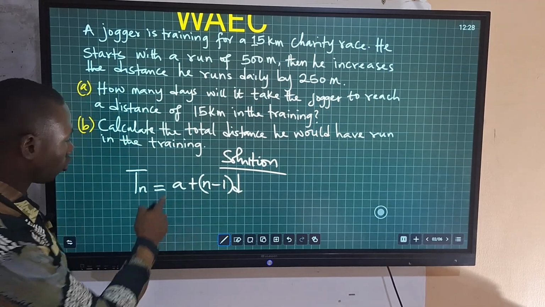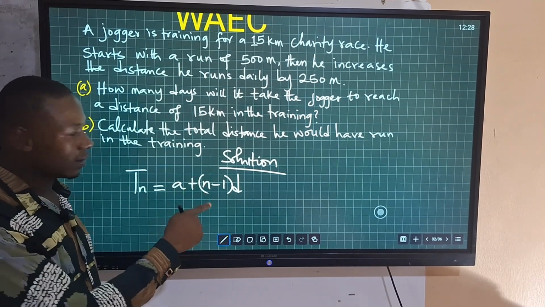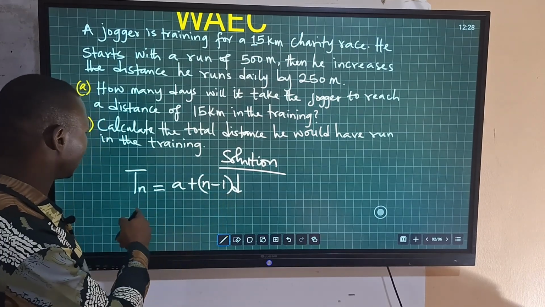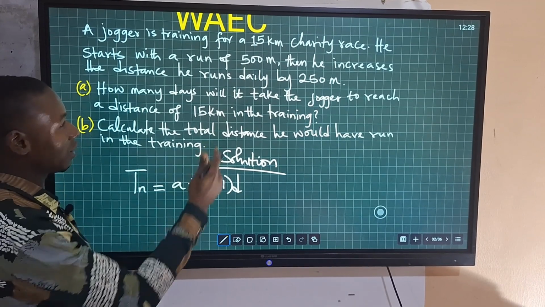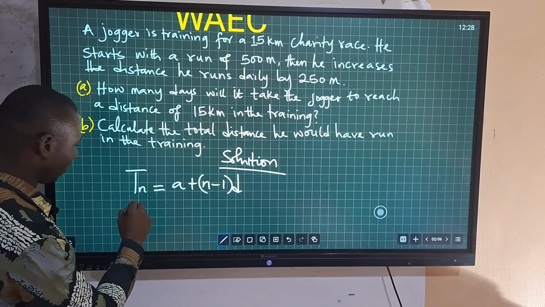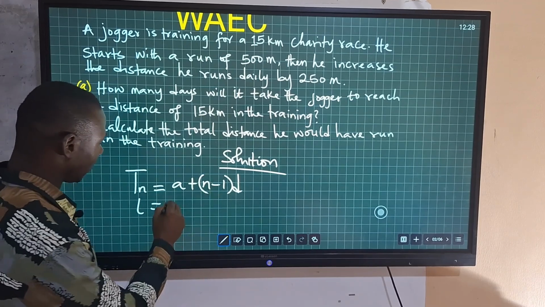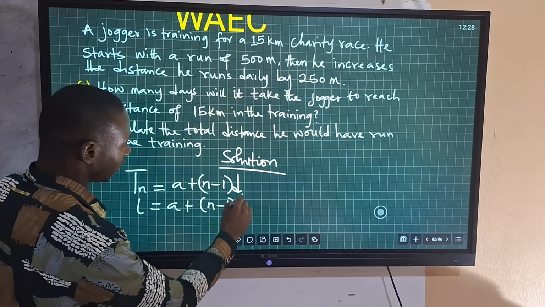All right, so a is the first term, n is the number of terms, d is the common difference. You can also use this formula if the last term of the sequence is given. So we have the last term is also the same thing as the nth term, a plus n minus 1 d.